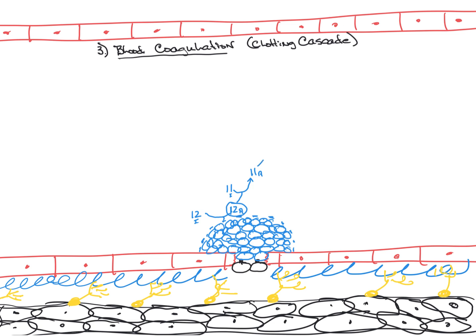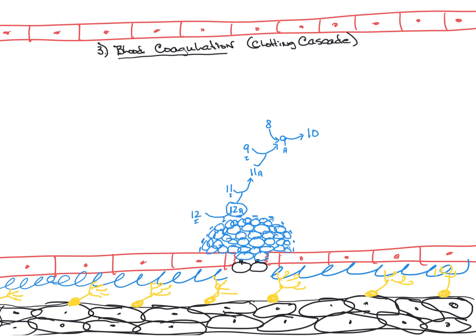11 then will react to inactive 9, which is in inactive form. It reacts to it and becomes active 9. Active 9 will then combine with 8, and together they activate 10.